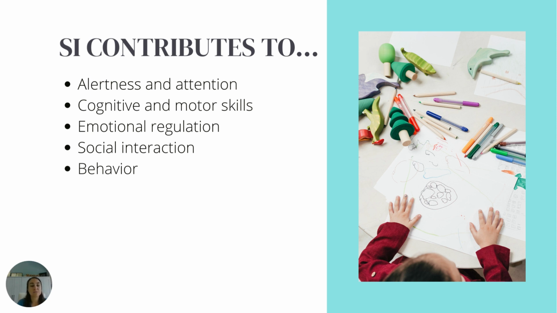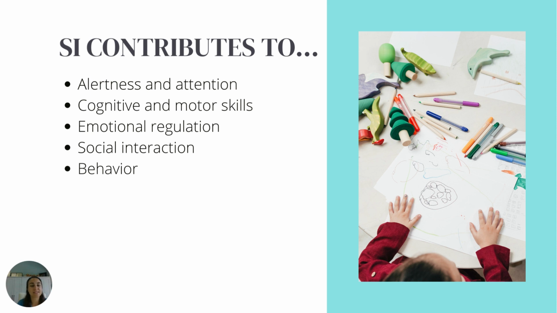So a lot of times we see temper tantrums whenever a child is seeking sensory input or avoiding sensory input or feels overstimulated. That often leads to a temper tantrum, as well as affecting our behavior.